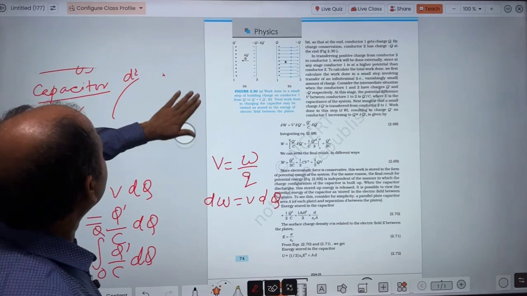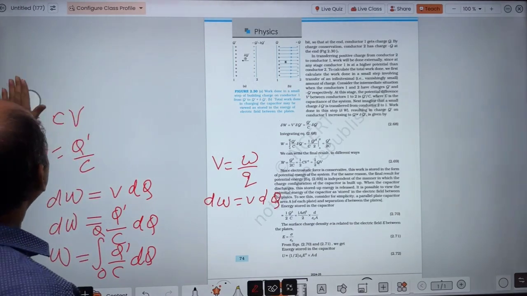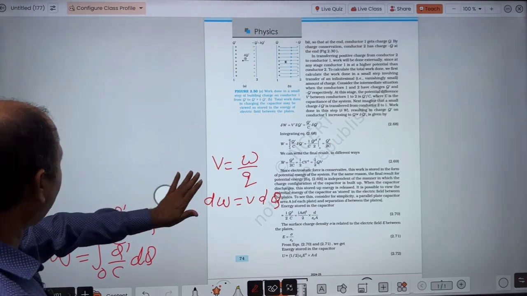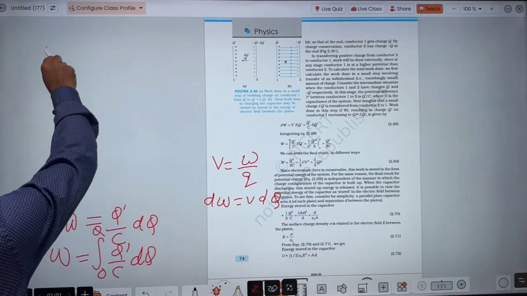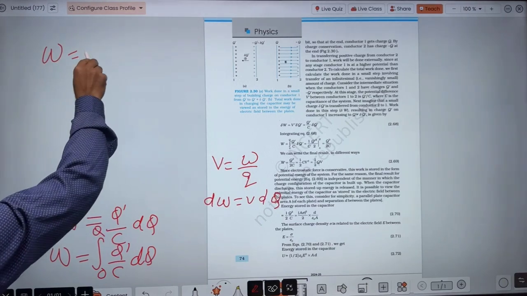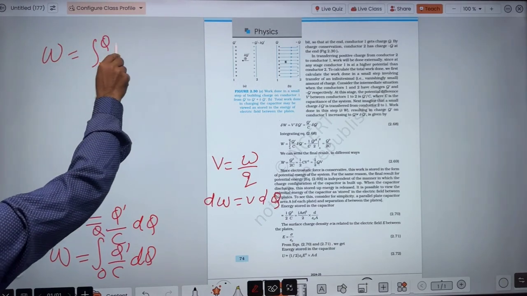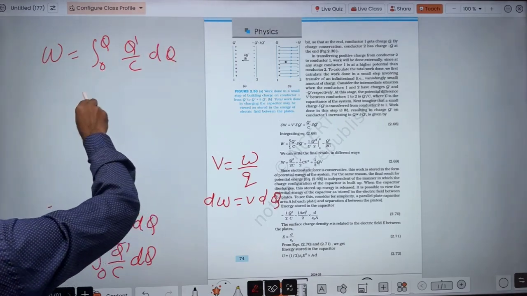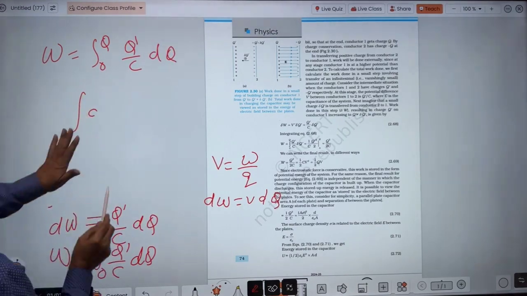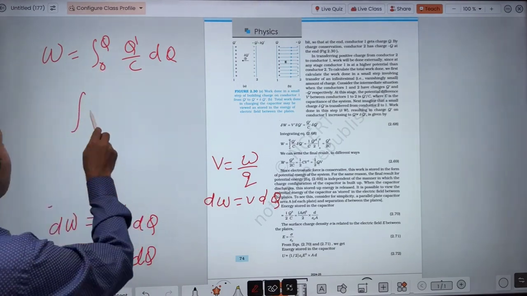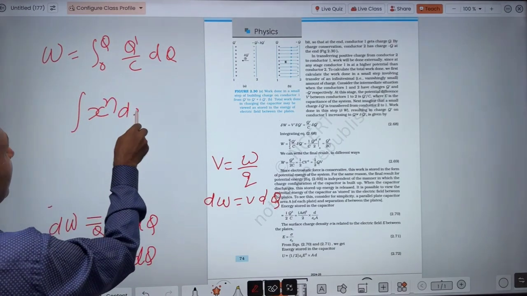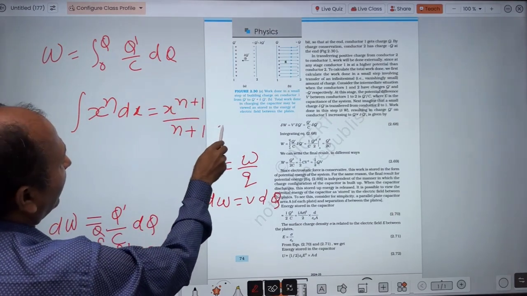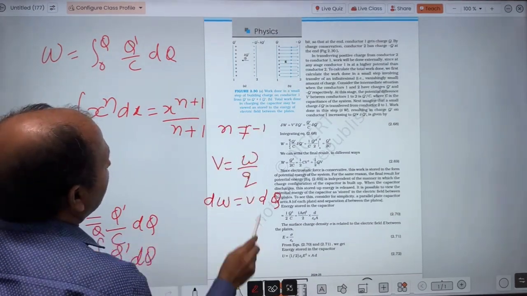So how will you proceed? Now W will be equal to integral from 0 to Q of Q dash upon C dq. If you remember, integration of x power n dx is x power n plus 1 upon n plus 1, provided n does not equal minus 1.